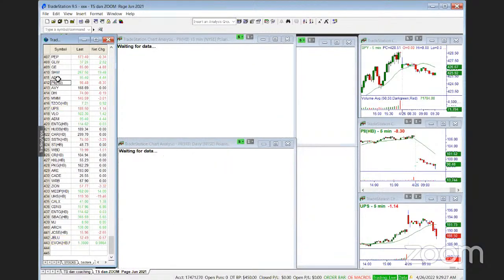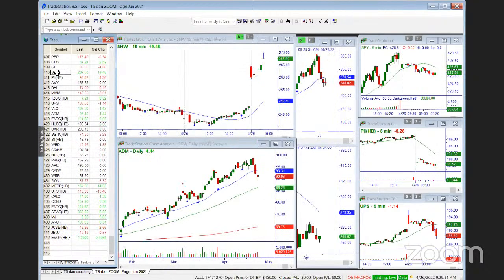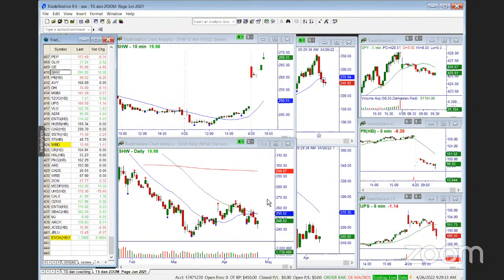Nothing. PII we just looked at. ADM we looked at. Sherwin, 268. All right, big gap. That's a put spread idea. I'll put that in a window. It's typically very spready though, so I'm not going to even look for a while.